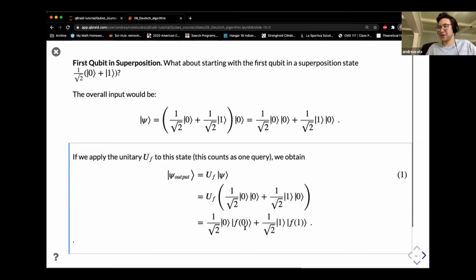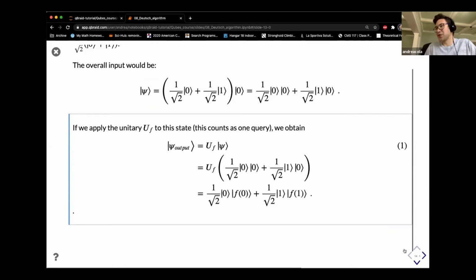It's just f(0) and f(1). That makes sense? If not, I can clarify further. What if we switch the qubit with the Hadamard? That's the case that we will consider in just a moment.